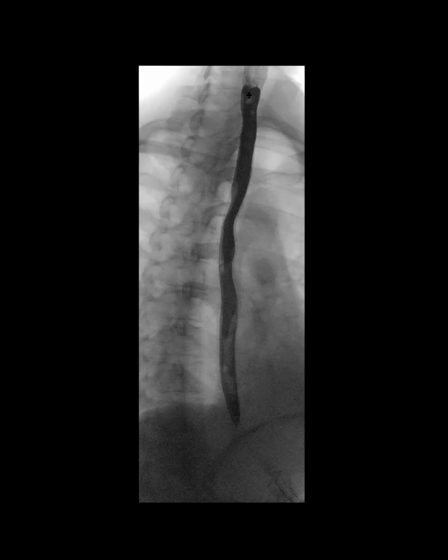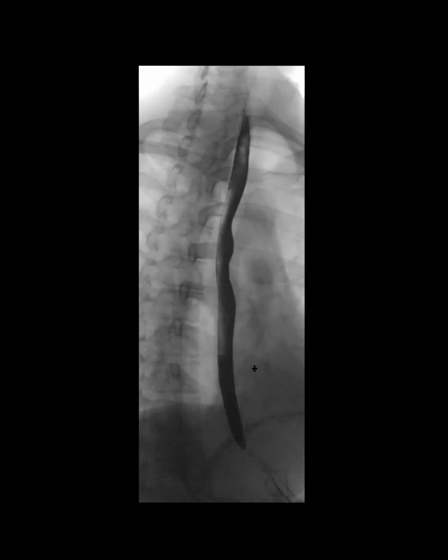So the finding here is long segment narrowing of the esophagus, all the way from the cervical to the distal esophagus. And the barium tablet, as we know, is 13 millimeters. It was all measuring around 1 centimeter throughout the entire length of the esophagus.